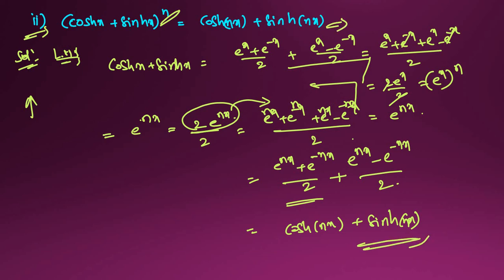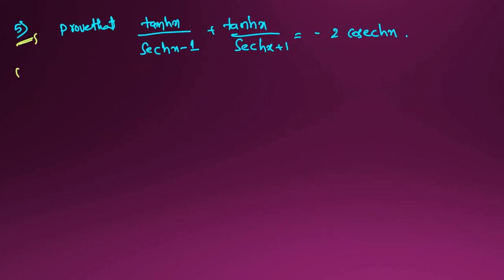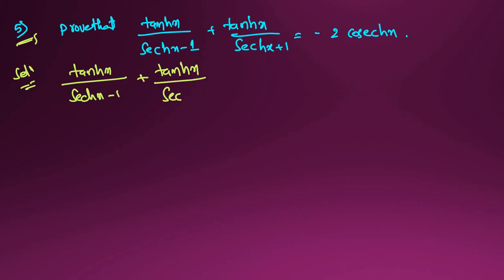Now moving to the next question. Now the fifth question is given here. Solution: what is given? tanh x divided by sech x minus 1 plus tanh x divided by sech x plus 1. We have to prove this here.